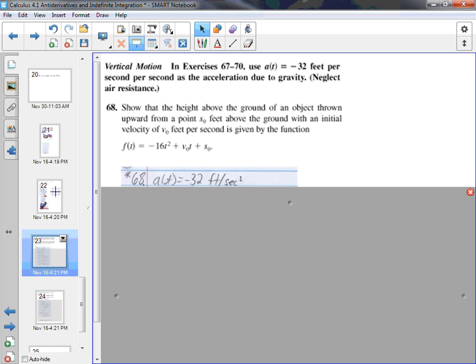For 68, we're going to show that the height above the ground of an object thrown up from a point S0 feet above the ground with an initial velocity of V0 feet per second is given by the function f of t equals negative 16t squared plus V0t plus S0.